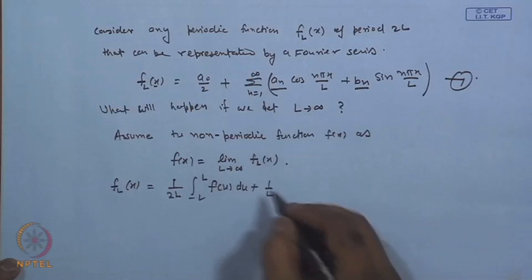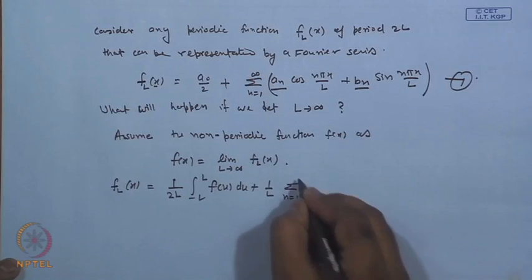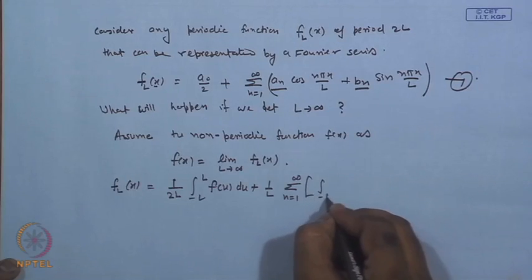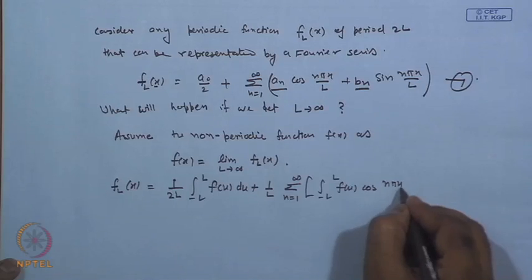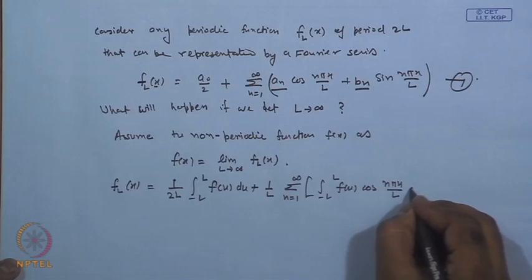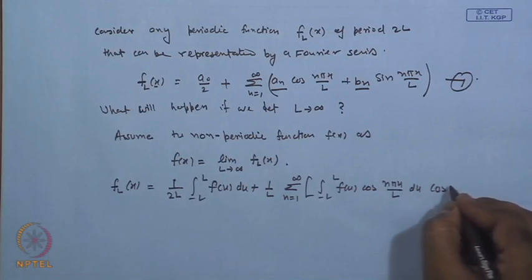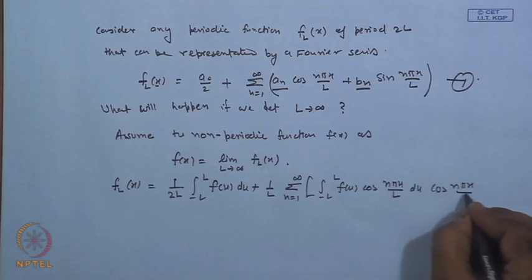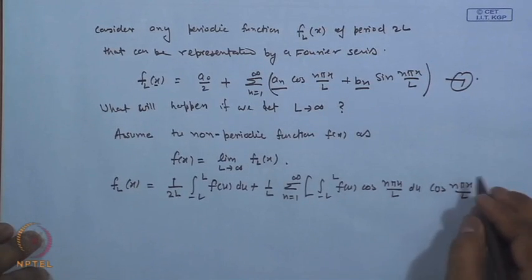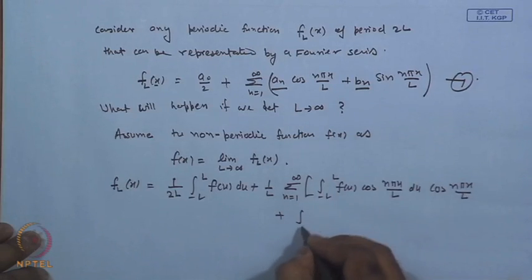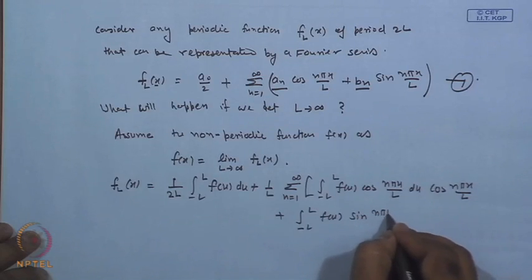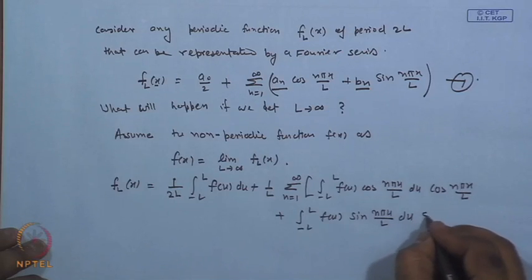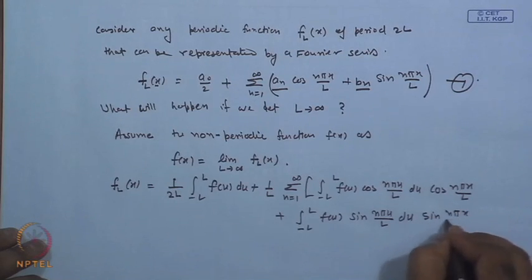Here for a_n, 1 over L I take out of this summation, and we have the integral from -L to L of f(u) cos(nπu/L) du, and then we have this cos(nπx/L), and plus the other term, integral from -L to L of f(u) sin(nπu/L) du, and then sin(nπx/L).